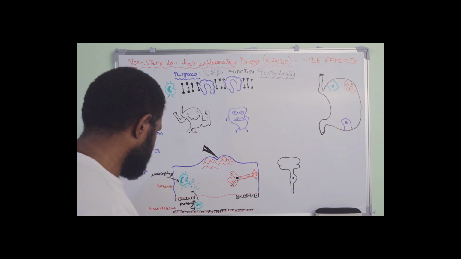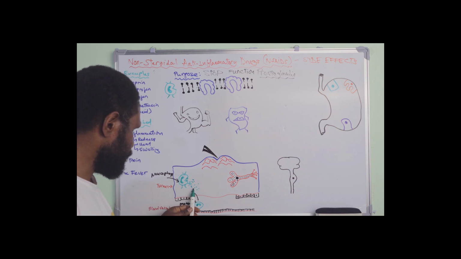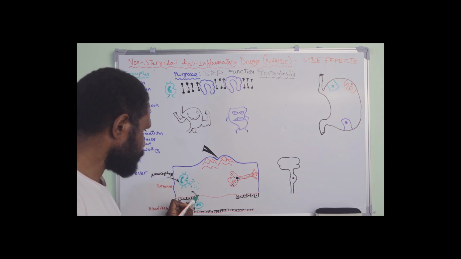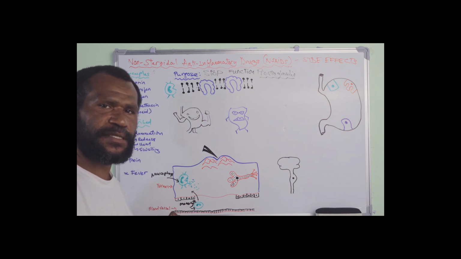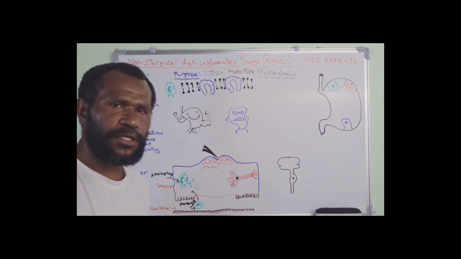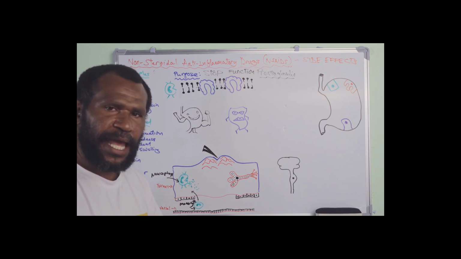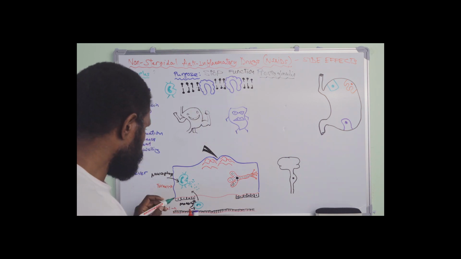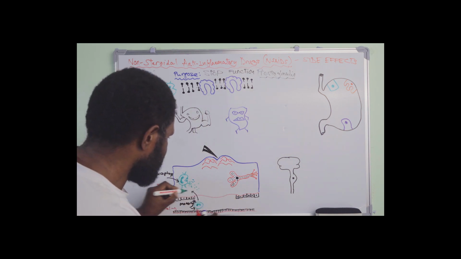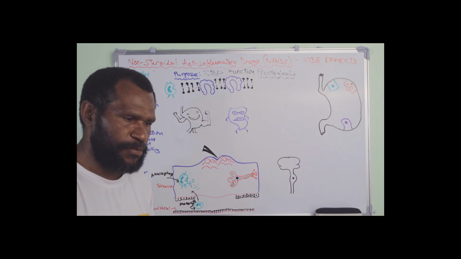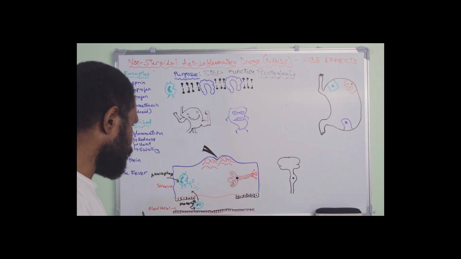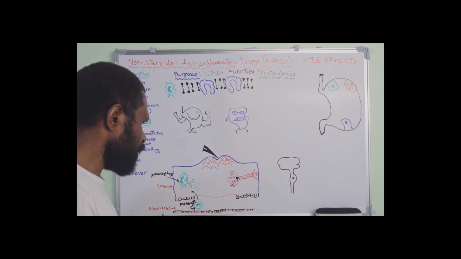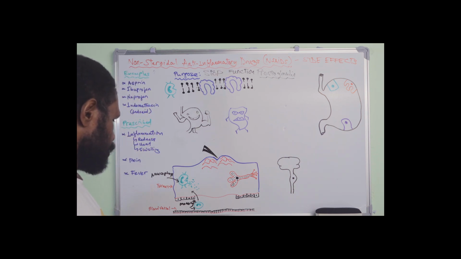The first thing that will happen is that this prostaglandin will come and stimulate these blood vessels, and they will cause dilation, that is enlargement of the blood vessels. So when this blood vessel dilates, becomes larger, you would have a lot of blood flowing through.